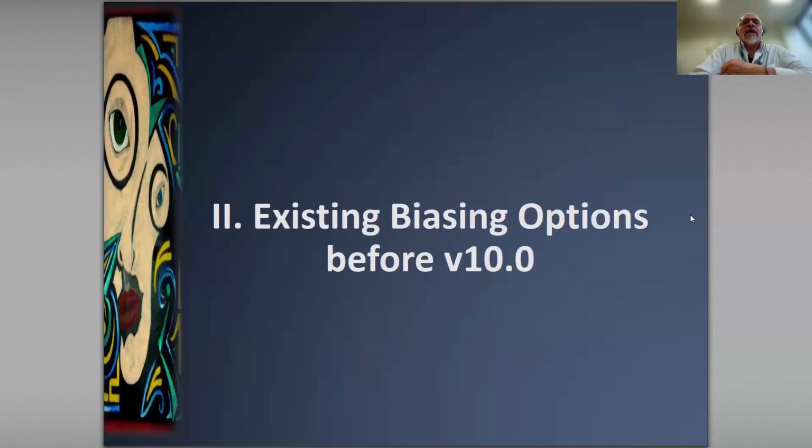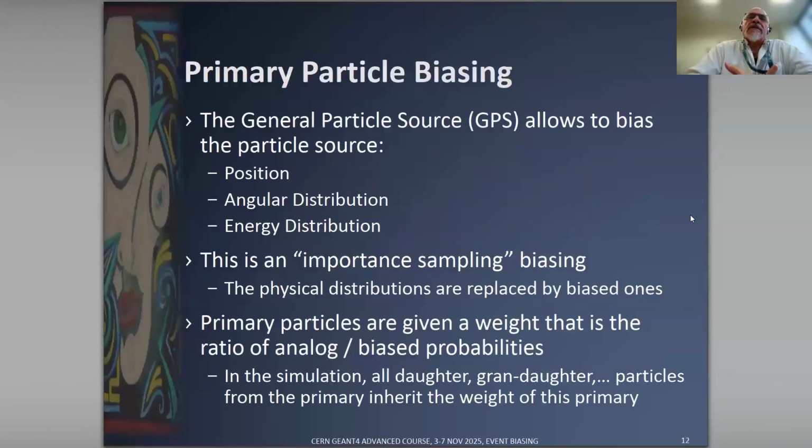So let's go to the biasing options which have existed for quite some time. You may have seen the General Particle Source tool during this week. This tool, the GPS, has various options to allow biasing. It provides position, angular distribution, and energy distribution biasing.